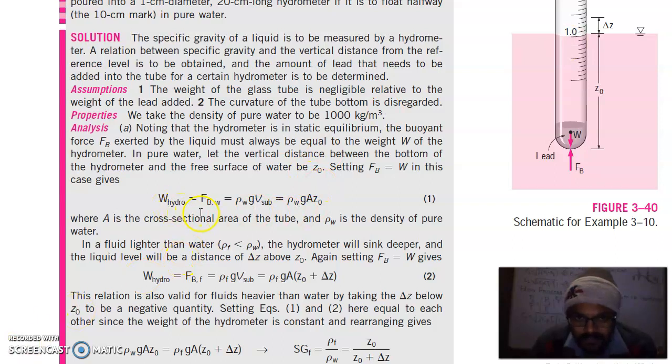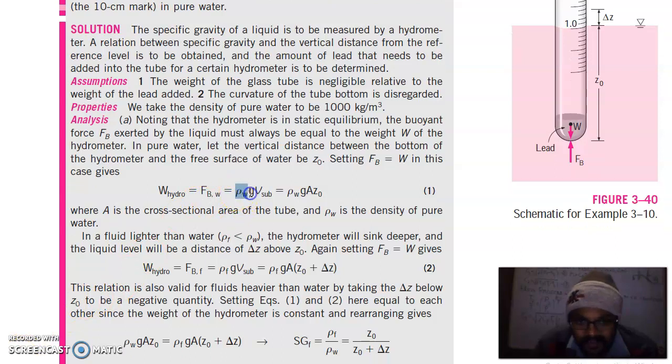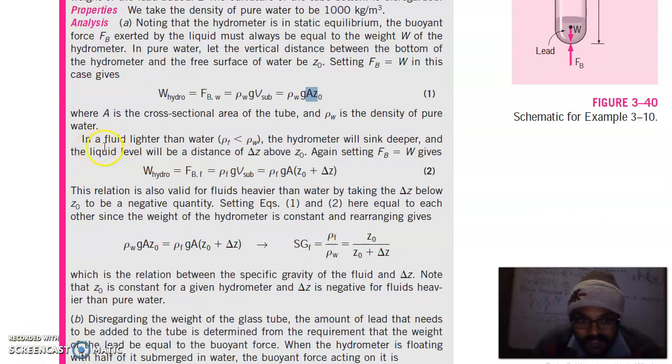So W hydro is equal to the buoyancy force, which is density of water times gravity times volume submerged. Now the volume submerged is equal to the area of this tube multiplied by Z0, which is A times Z0. In a fluid lighter than water, density of fluid less than density of water, the hydrometer will sink deeper and the liquid level will be a distance of del Z above Z0.